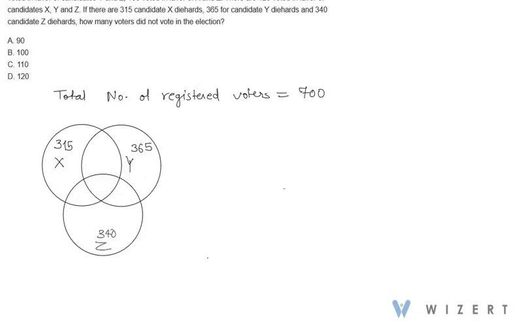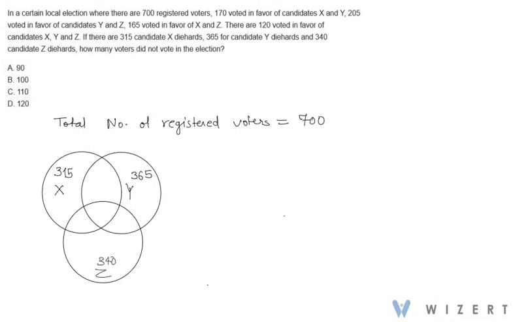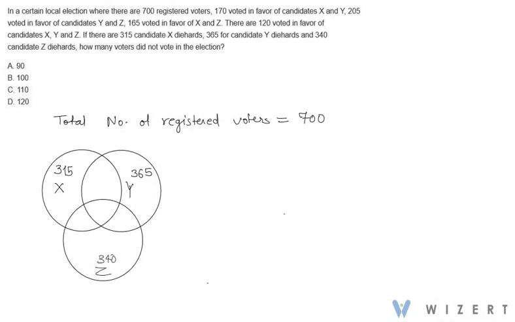Now, the portion that is common to both X and Y circles is given as 170. 170 voted in favor of X and Y. So this entire portion is representing 170 people.